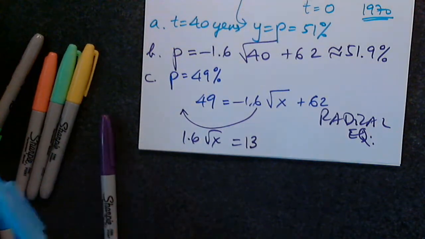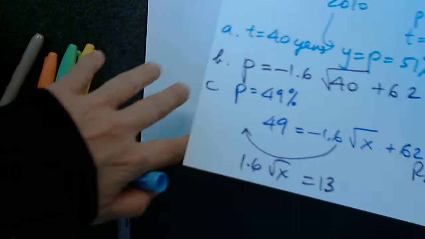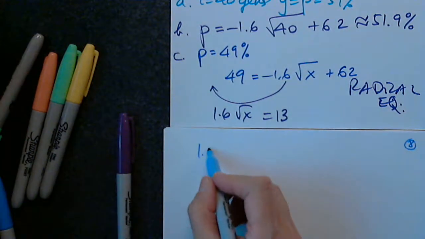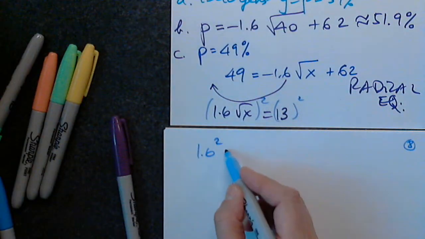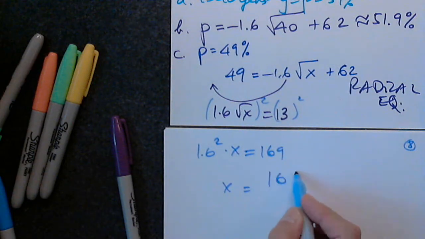So then I would square both sides. 1.6 squared times x equals 169. And then I would get this.